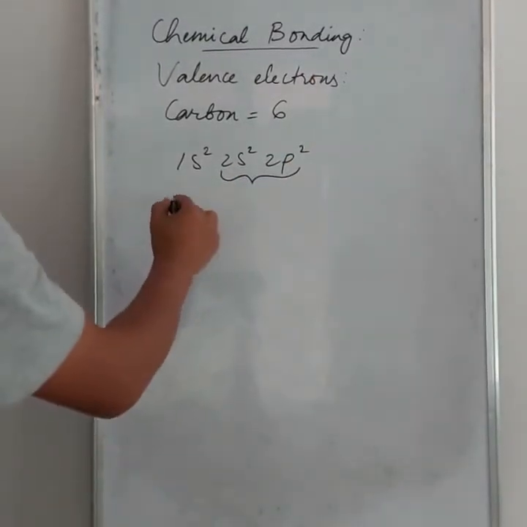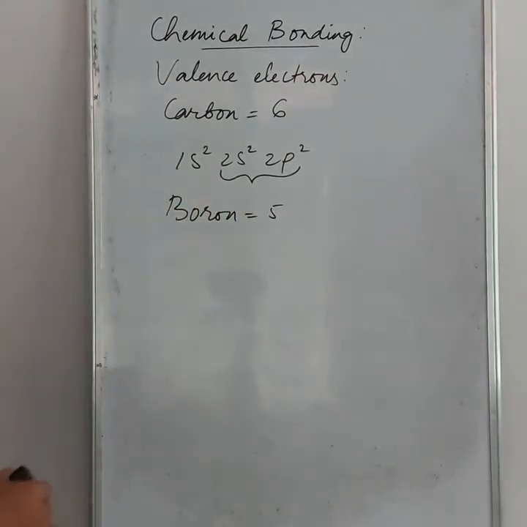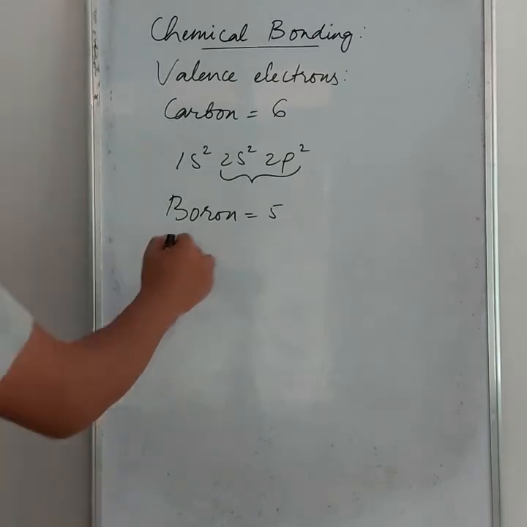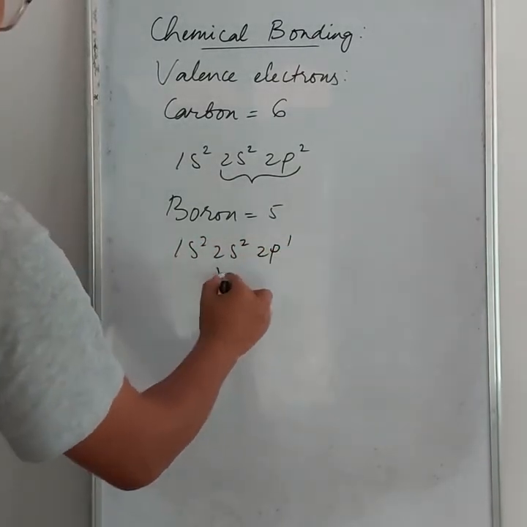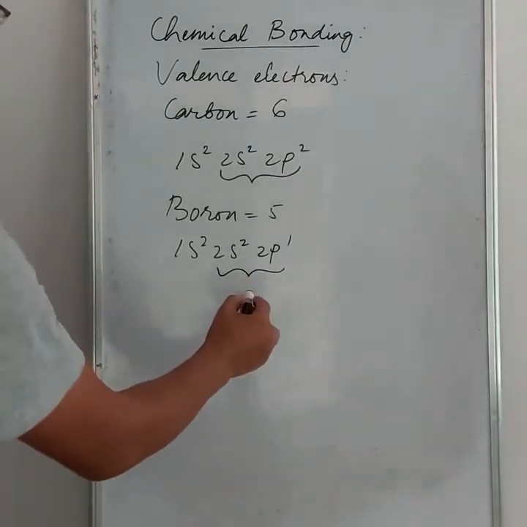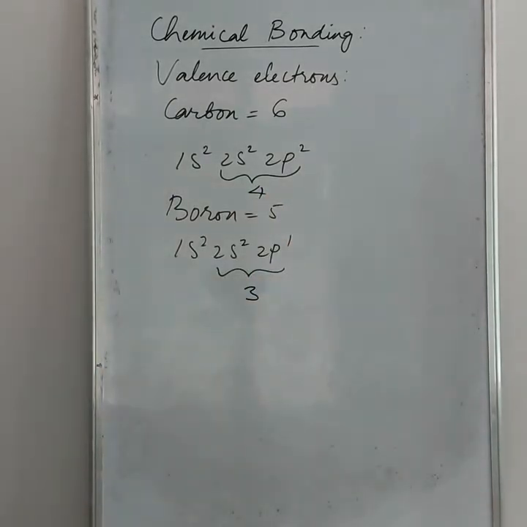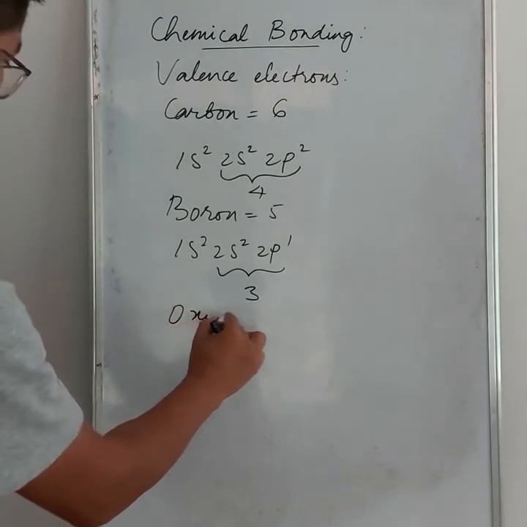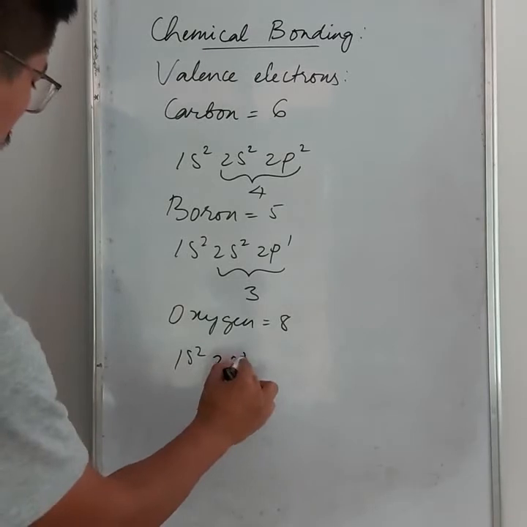For example, boron. We know the atomic number is 5. So 1s2, 2s2, and 2p1. So this is the valence. So the valency of boron is 3 and the valency of carbon is 4 and so on. Suppose if it is oxygen, we know oxygen is 8. So 1s2, 2s2, 2p4.